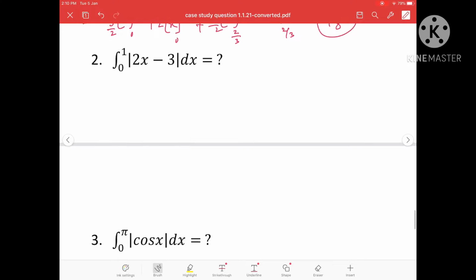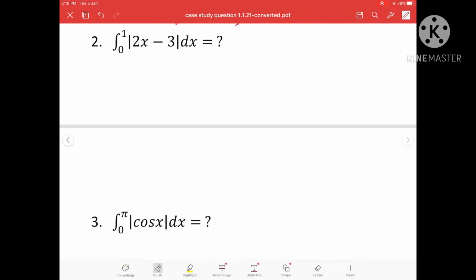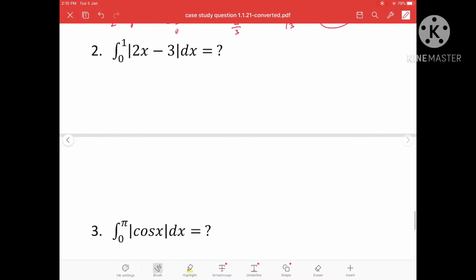Now comes question number 2. Integration from 0 to 1 of modulus of 2x minus 3 dx. If 2x minus 3 equals 0, then x will be 3 by 2. 3 by 2 is greater than 1. So if this interval is from 0 to 1, 3 by 2 is here.